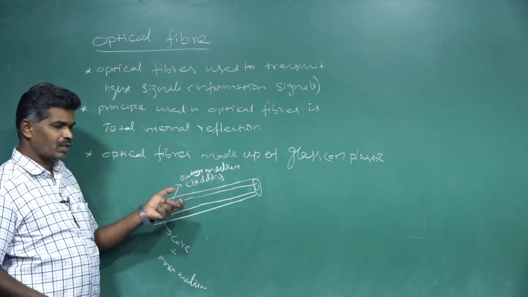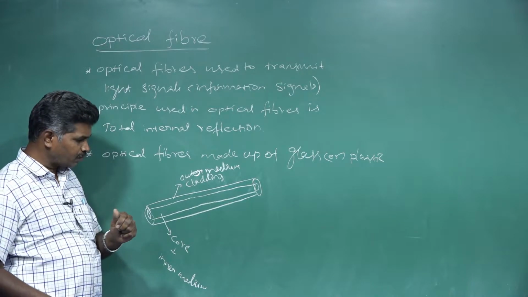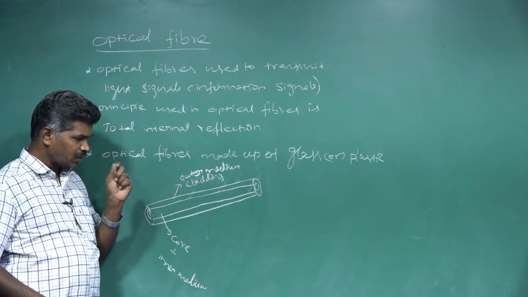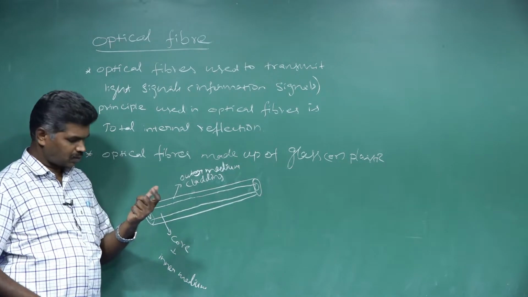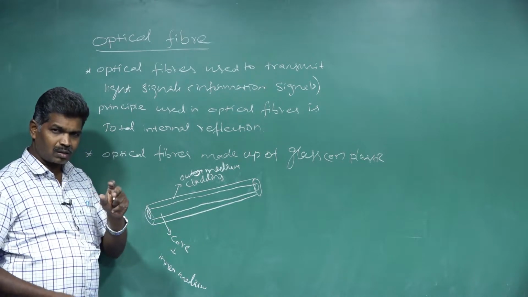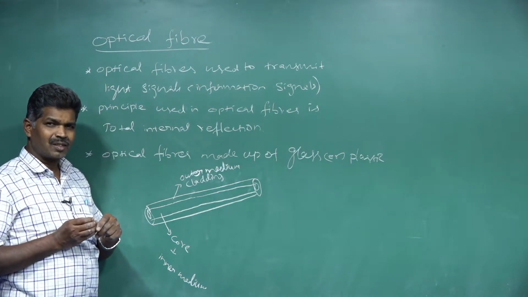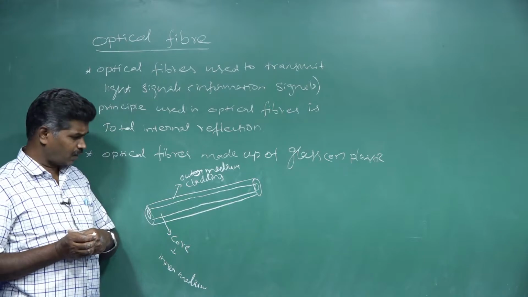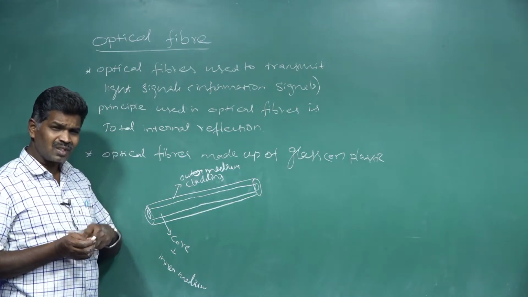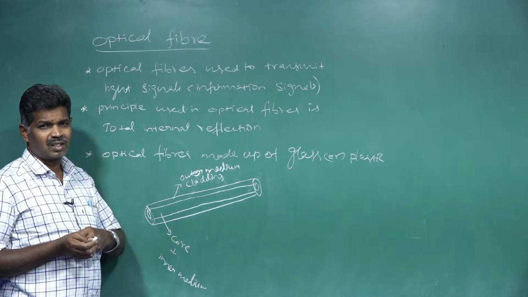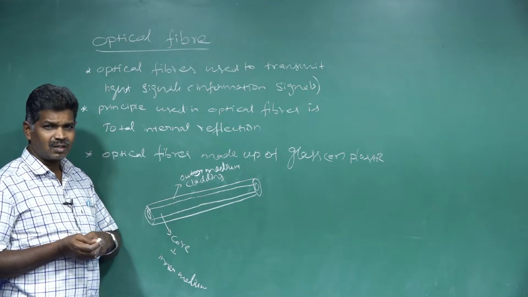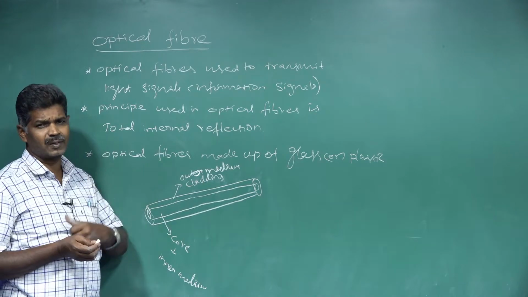In an optical fiber, we have two mediums, inner and outer, that is core and cladding. The two do not have the same refractive index. The refractive index of the core is greater than the refractive index of the cladding.